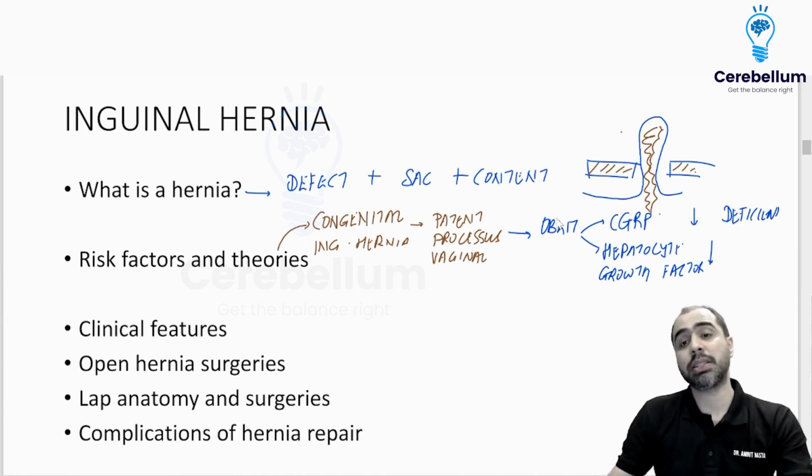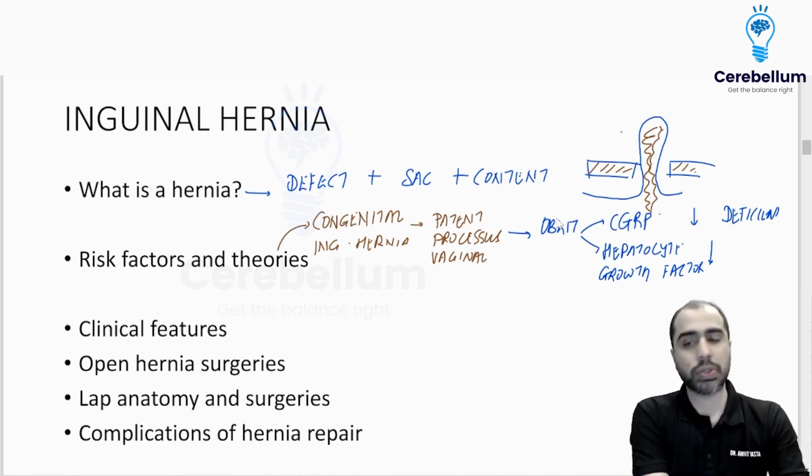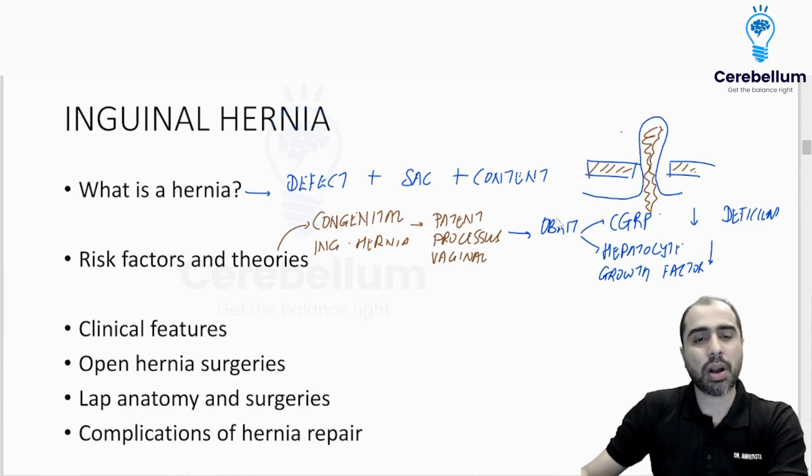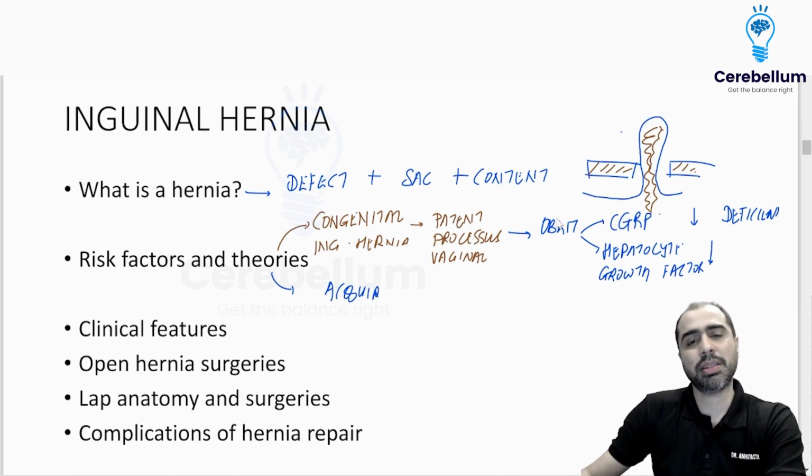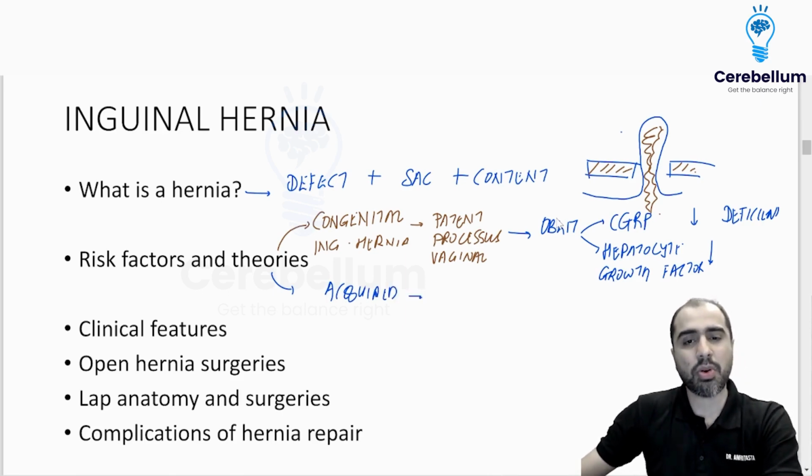This is something that is there newly. It was there in the 27th edition also. Of course, for acquired hernias, there are many theories, many explanations. Most of the explanations talk about abdominal wall weakness.